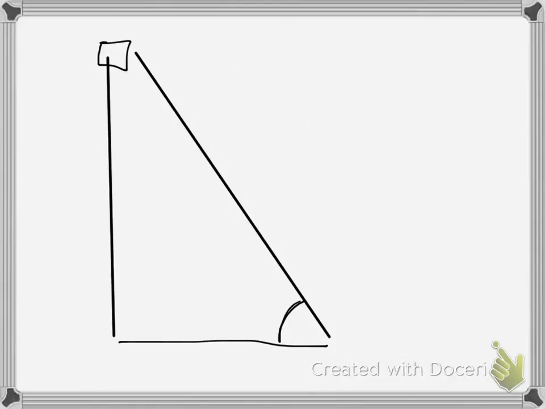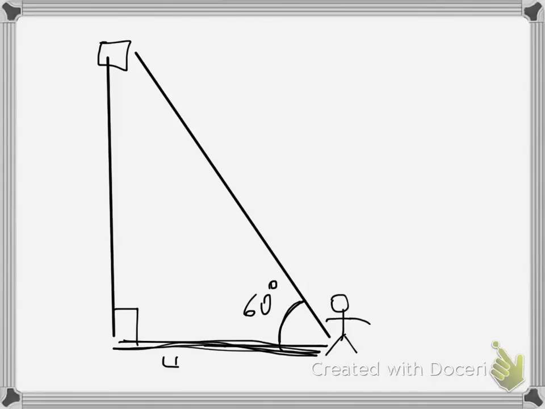So let's say that you know that the angle from the ground to the lamp is 60 degrees. And you know that this distance from the base of the lamp to where you're standing right here is 4 feet.